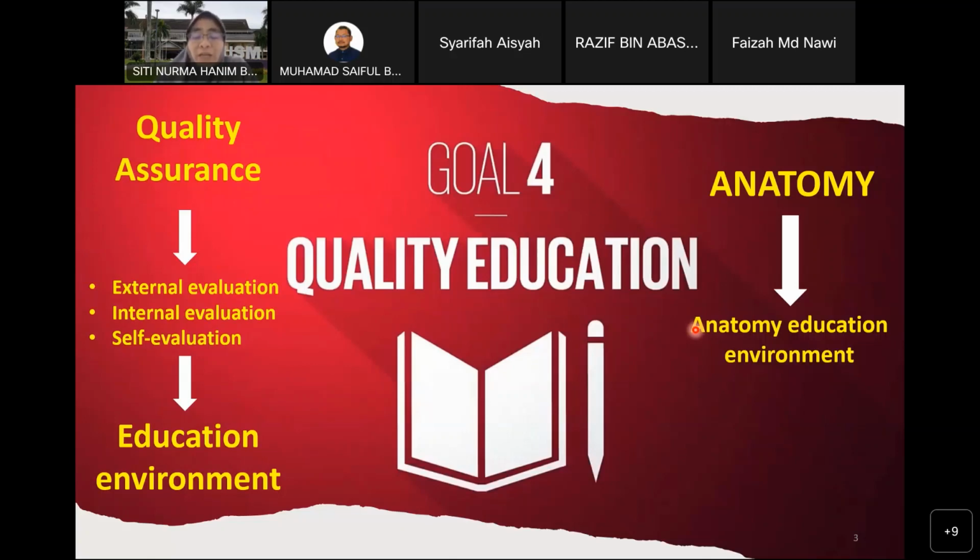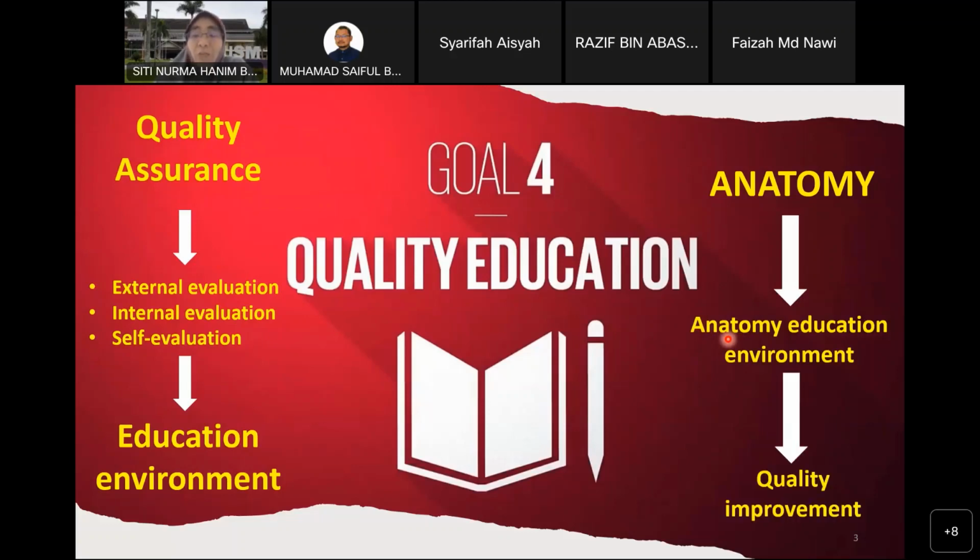Yes, we have several tools that measure the education environment in the general medical and allied health sciences construct, but these tools do not cater for some elements in anatomy like cadaveric dissection, body donation, and many more. So that was our initial aim. Okay? That was the reason why we initiated the study.